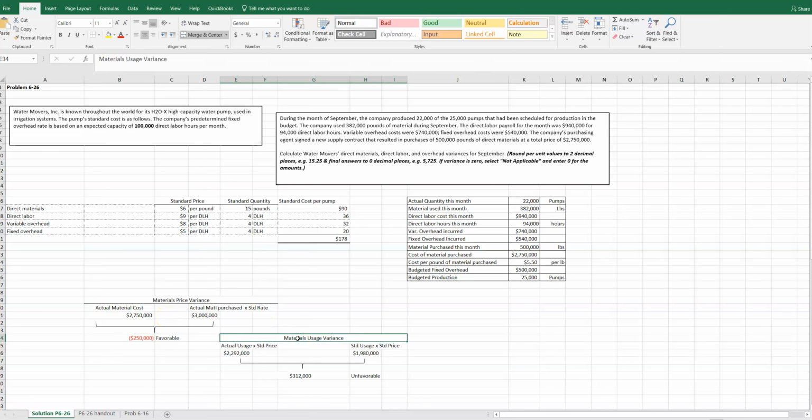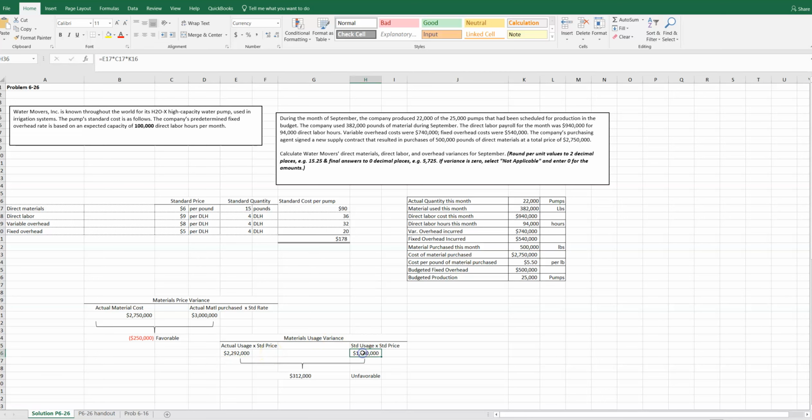The materials usage variance is based on the number of pumps produced and the number of pounds used. Actual usage of material was 382,000 pounds times the standard price of $6 gives me $2,292,000.